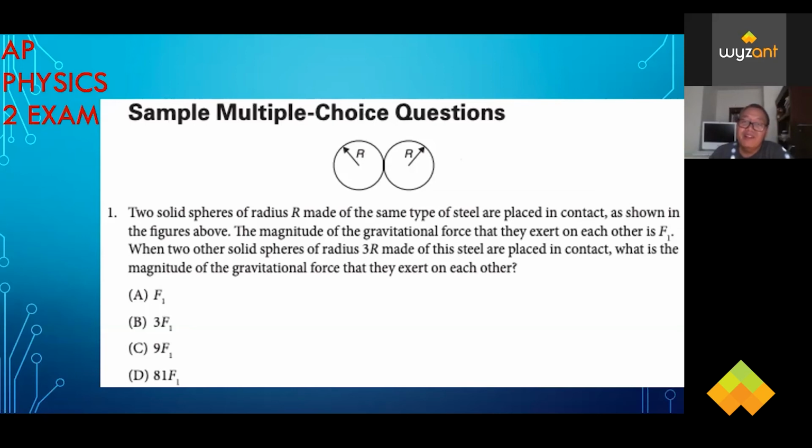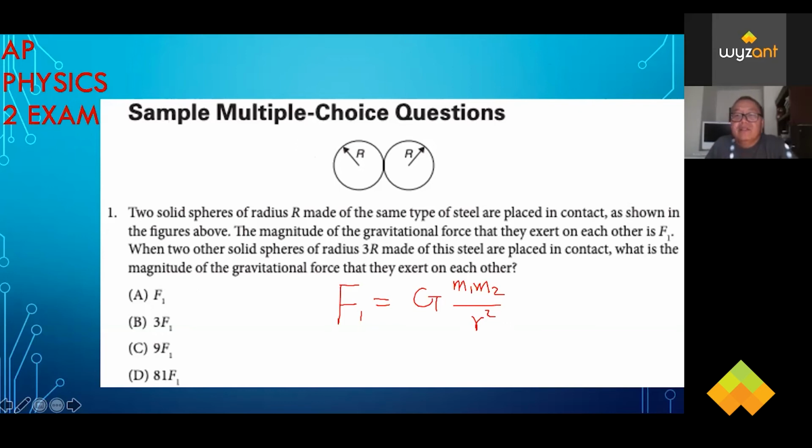So for this one, you need to know the formula for gravitational force. Let me show you. The force F1 equals G m1 times m2, divided by r squared, right?